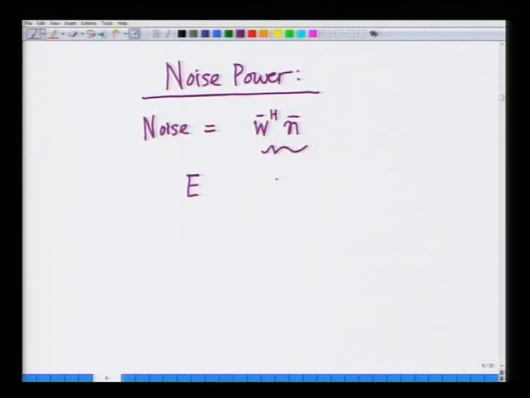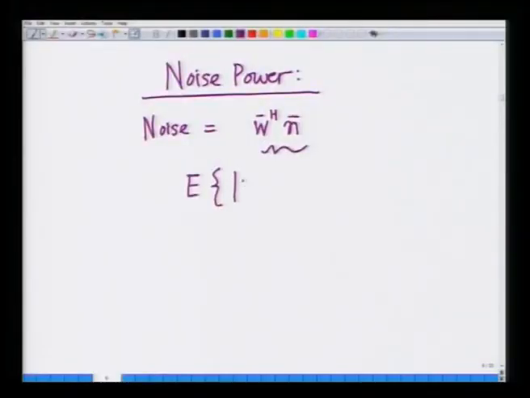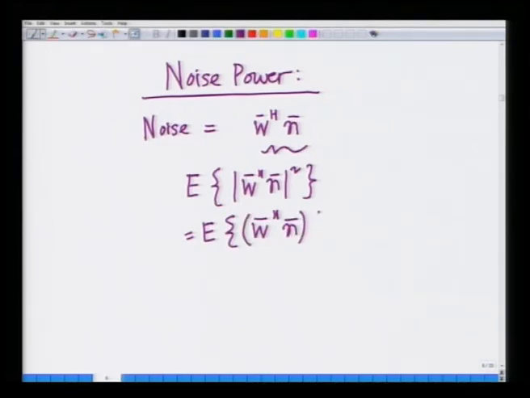I am combining all these quantities, so the output is another random quantity, which means the output power is the expected value of magnitude W bar Hermitian N bar squared, which can also be written as the expected value of W bar Hermitian N bar into its complex conjugate, since the magnitude squared is the quantity times its complex conjugate.